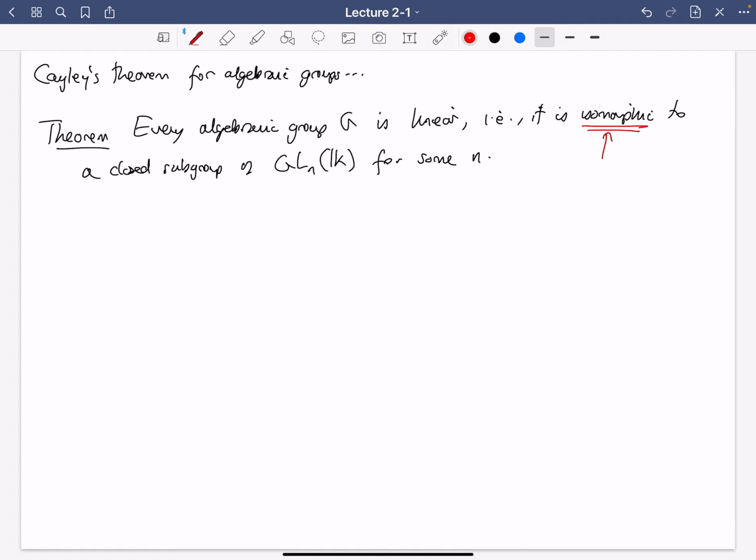I would give you examples, but I would want to work over a field of positive characteristic before I could give them, and these somewhat pathological examples usually involve some sort of Frobenius morphism arising in positive characteristic. So I'm not going to write any of that discussion down. I'm just going to write the word careful under isomorphic. You really have to check that there's a two-sided inverse, which is also a morphism of varieties.